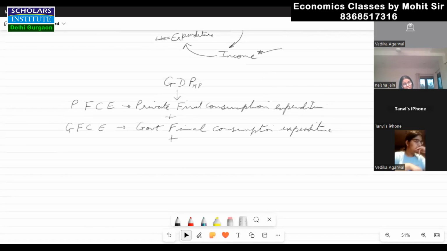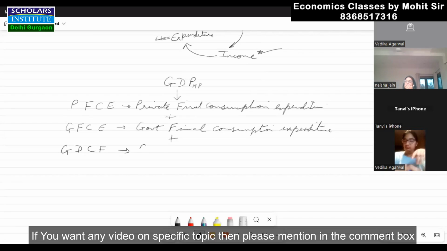The third item, as I told you, we need four items. The third item is gross domestic capital formation. And lastly, to add to this, we have got net exports.